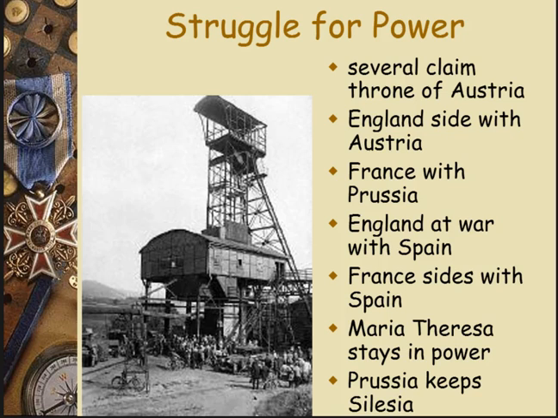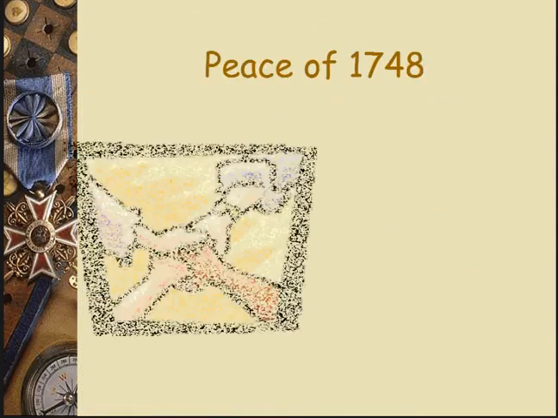So you start to see how these conflicts get interwoven. Now what we're going to see is that the conflicts in Europe will actually spread across the seas because the Europeans begin to control and hold power outside of Europe.